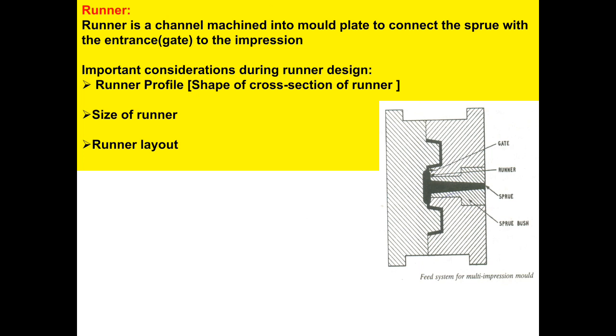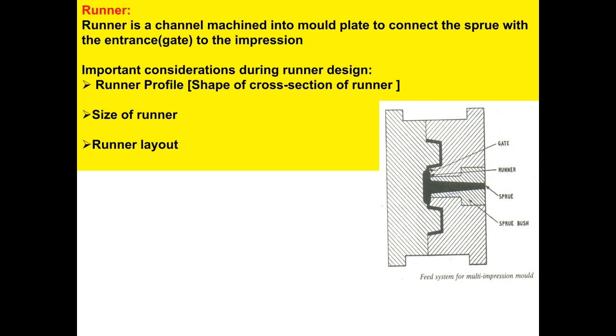Then the next part is the runner. A runner is a channel machined into the mold plate to connect the sprue with the entrance, that is the gate, to the impression. An important consideration during runner design is the runner profile, that means the cross section of the runner.